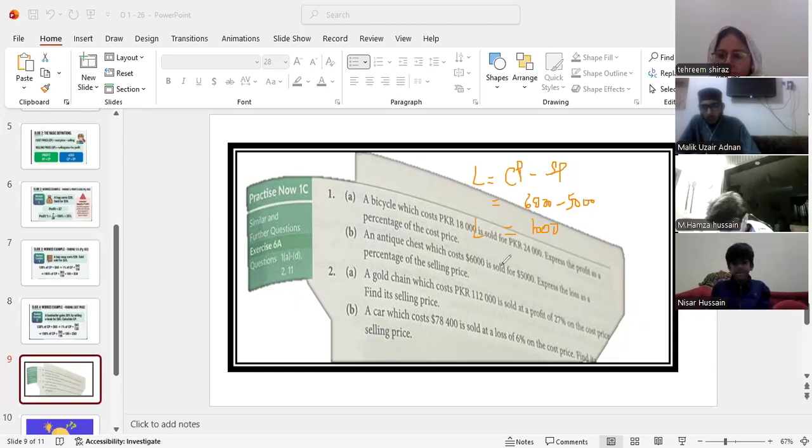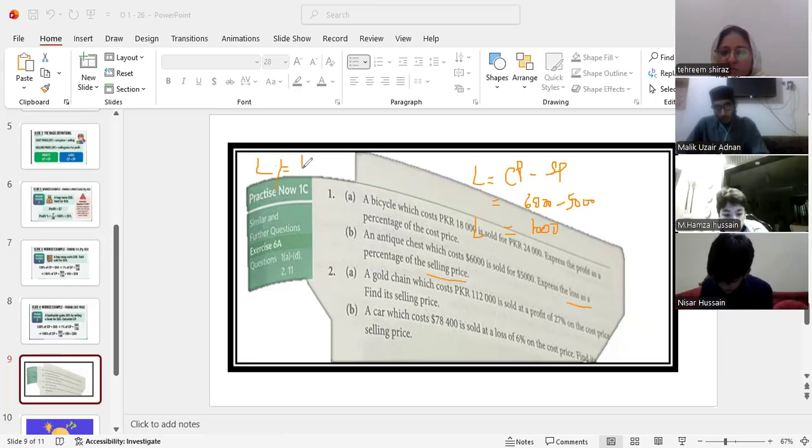Is this clear? Now we have to calculate the loss percentage as a percentage of selling price. The formula is very simple. Loss percent is equal to loss over sales price times 100%.